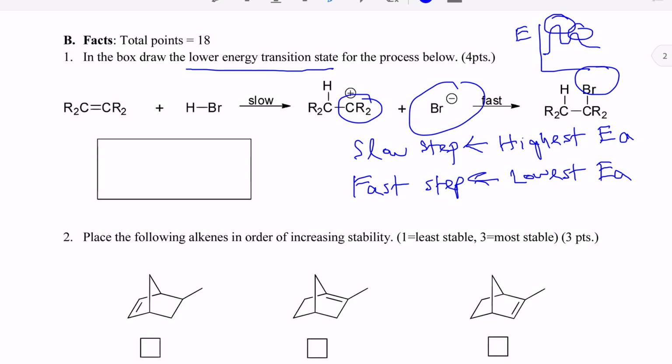So in this process, a pair of electrons, a lone pair, forms a bond with the positively charged carbon. So when we're drawing the transition state, we can go ahead and write it like this.